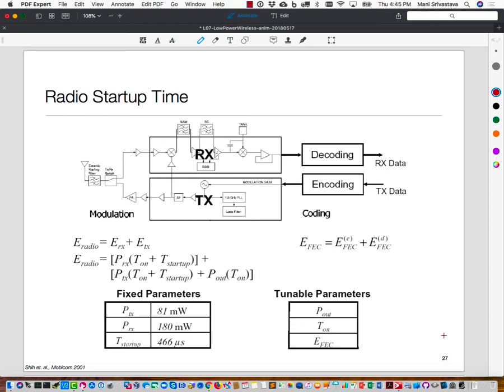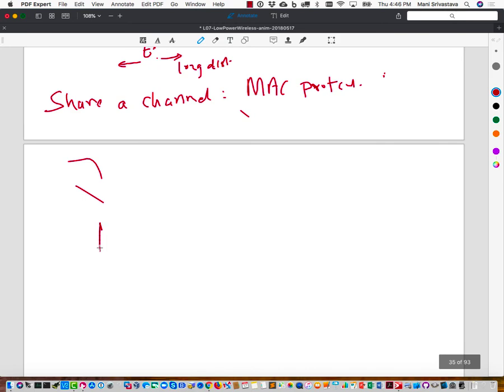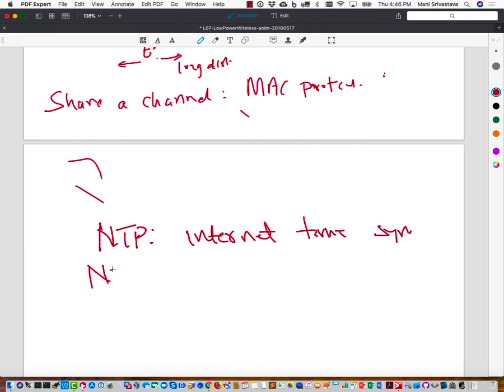Your smartphones, even though they are on the internet, in many cases, at least I can say with confidence about Android, don't use NTP. They use a protocol called NITZ, N-I-T-Z. NTP is for internet time sync.